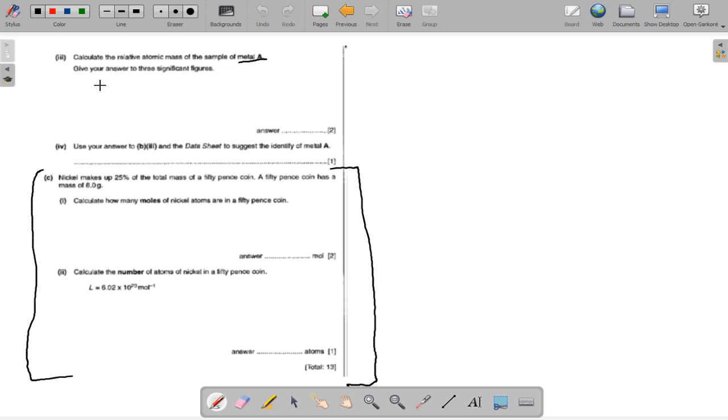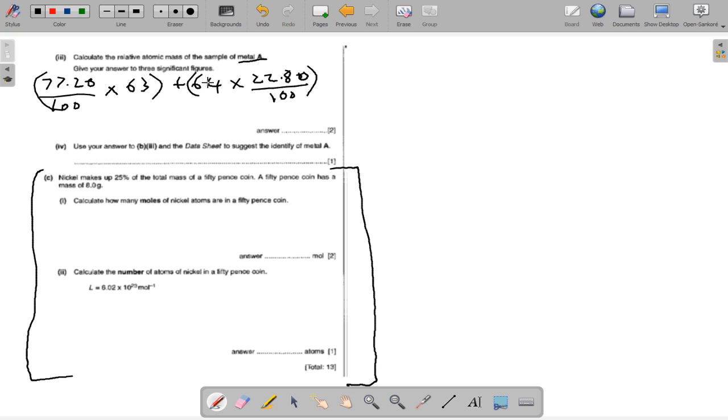So for this part, calculating the relative atomic mass of the sample of metal A. Same job again, so we have 77.2% over 100 times 63 plus 64 times 22.8 all over 100.